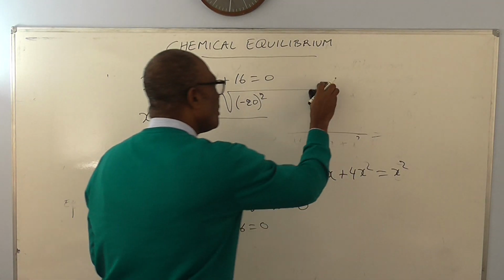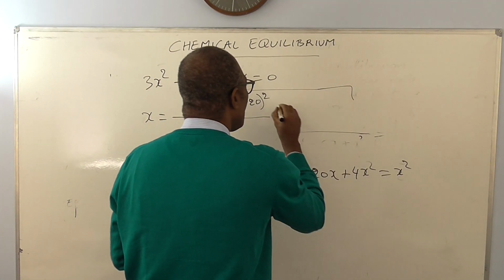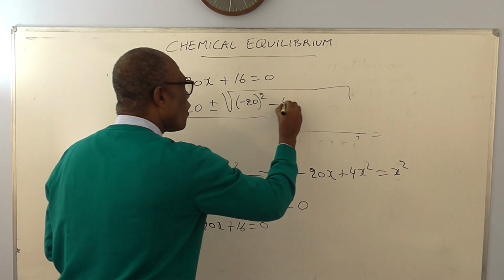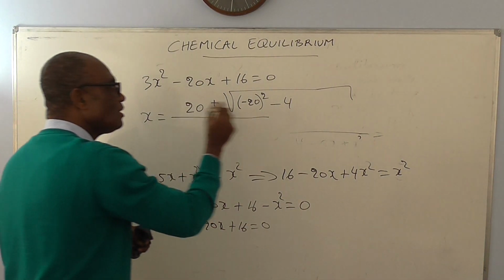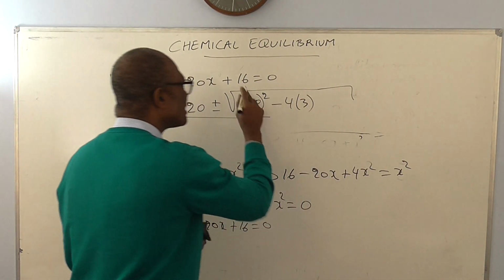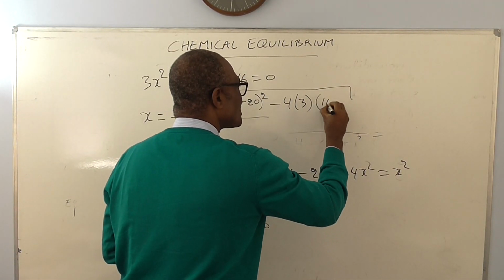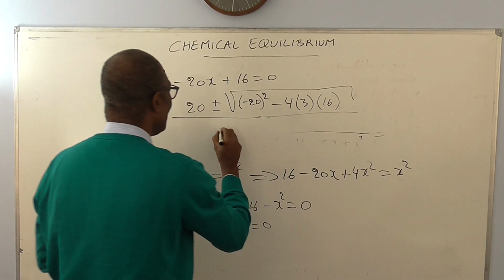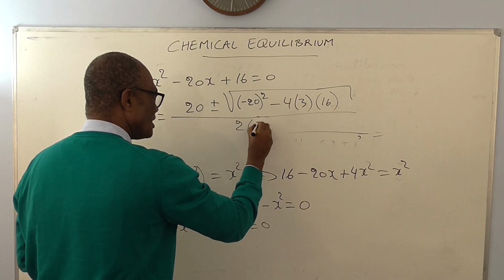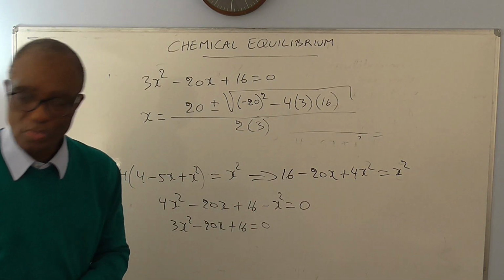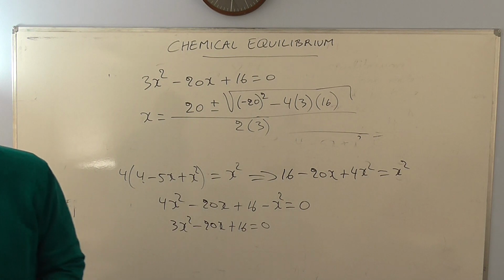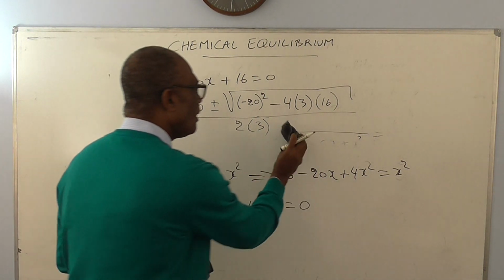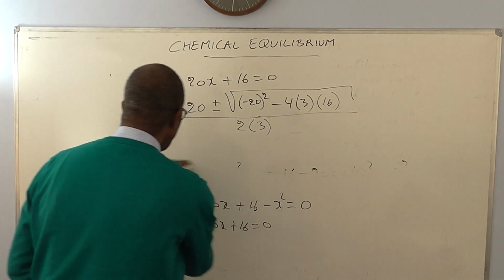Minus 20 squared, b squared minus 4ac, where a is 3 and c is 16, divided by 2a. A is 3. Okay? Look what we have there. Now we are going to solve.